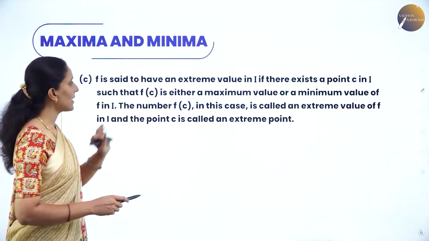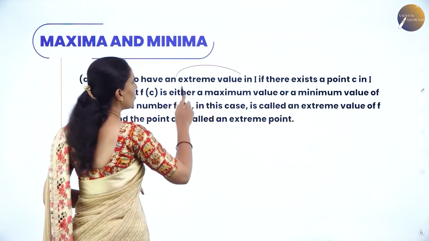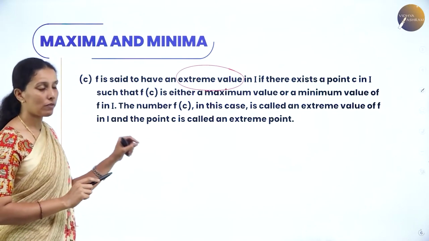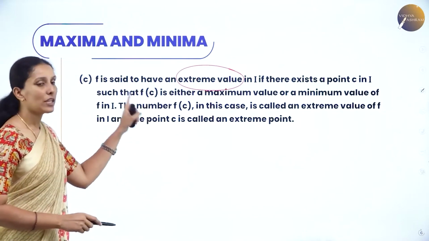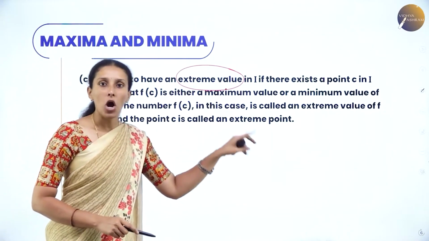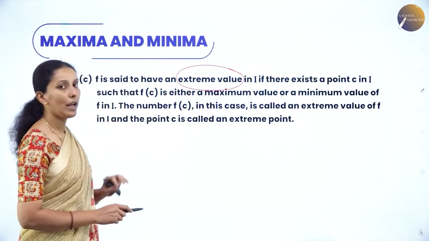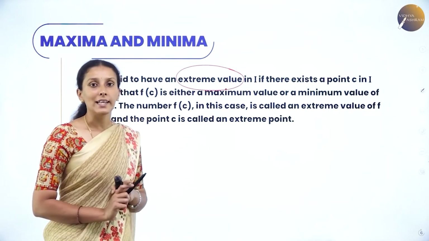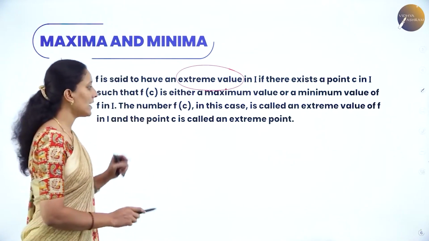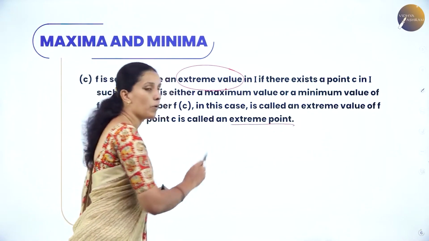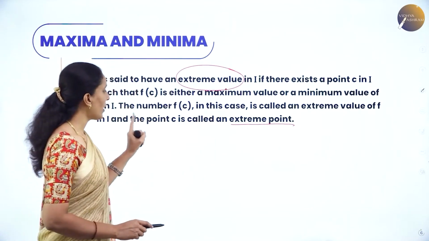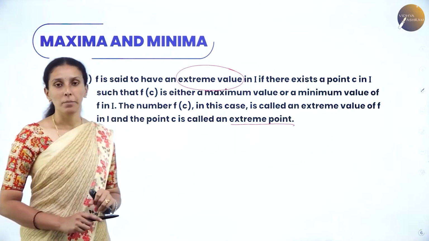So what is this extreme value? f is said to have an extreme value if there exists a point c in the interval such that f of c is neither maximum nor minimum for the given f of x. In that case, f of c is called the extreme value and point c is called the extreme point.